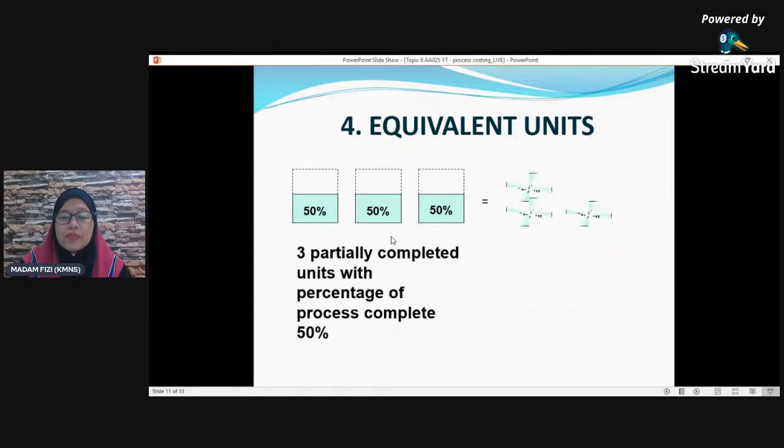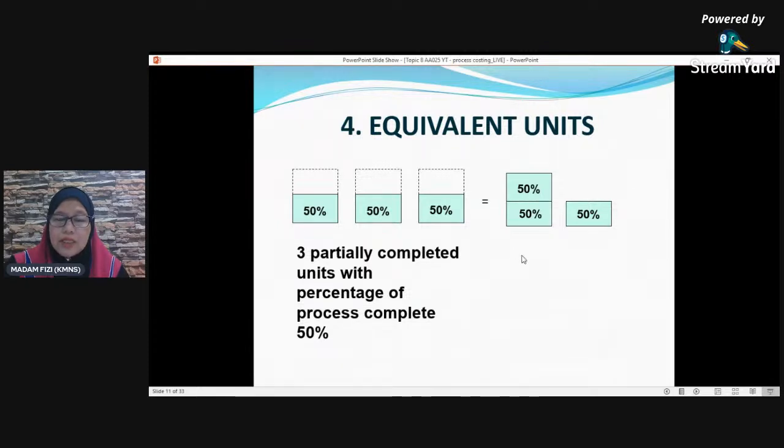Okay, so kalau kita combinekan ketiga-tiga produk tu untuk jadikan dia siap, kita dapat 1 unit produk dan setengah unit. Betul tak? Jadinya 1.5.